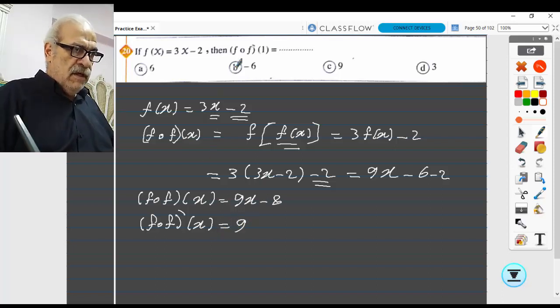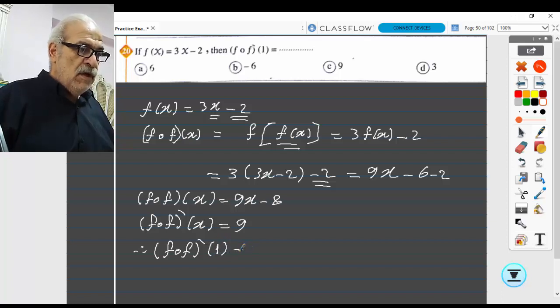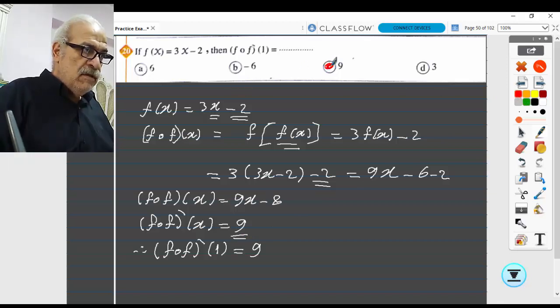The required here is to find the f circle f dash of 1. So f circle f dash of 1 equals 9. It is constant function, and the result will be in letter C.